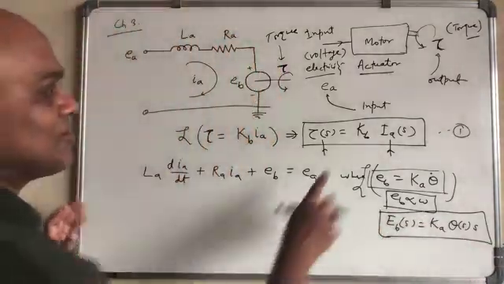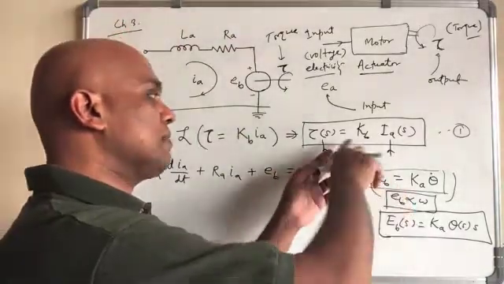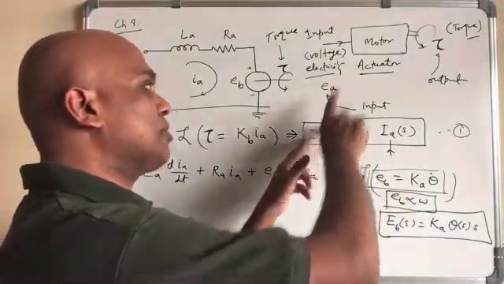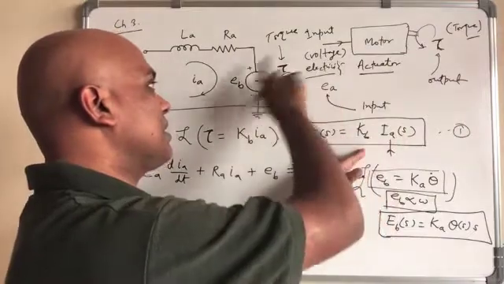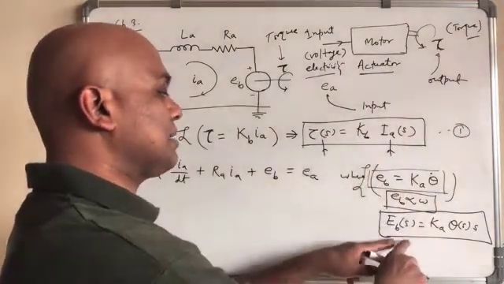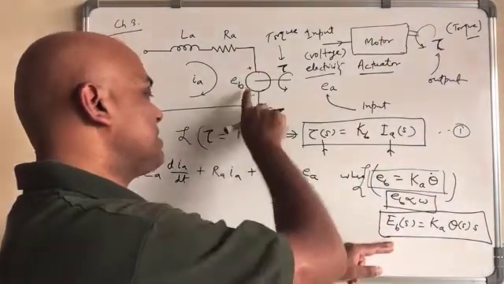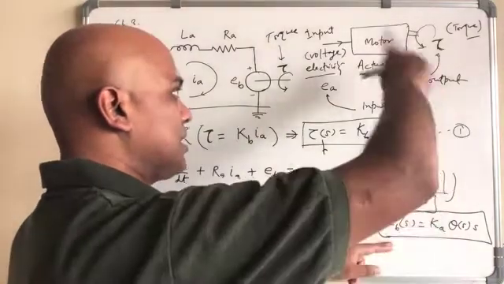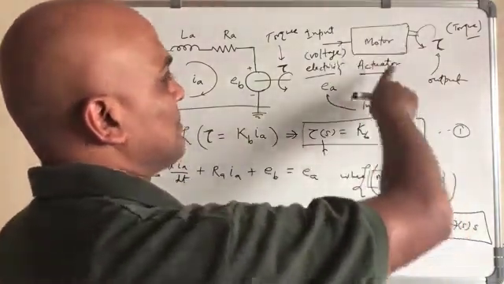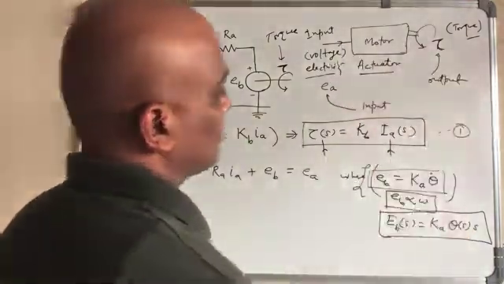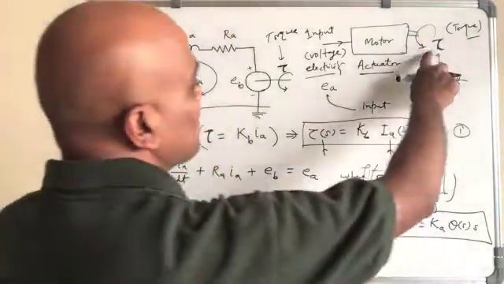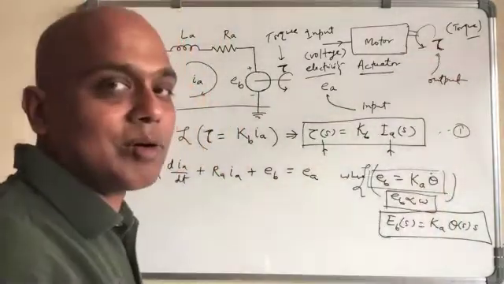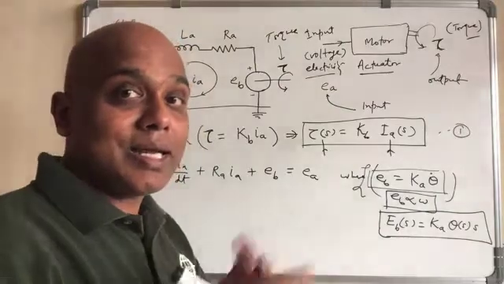Here also you see a relationship. The previous one relates the output torque with the current flowing, and this one establishes the EMF generated because of theta. Since the torque and omega are related, right?